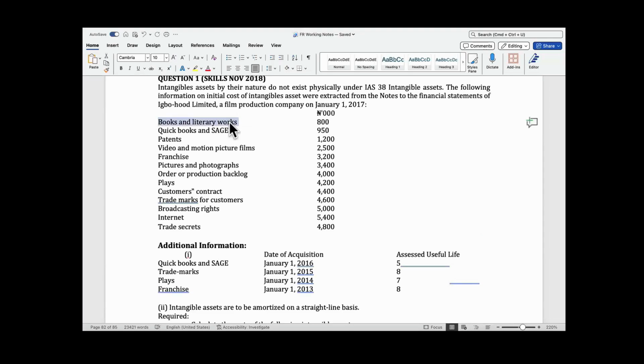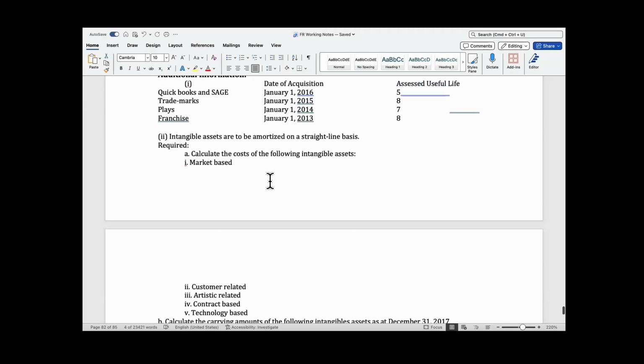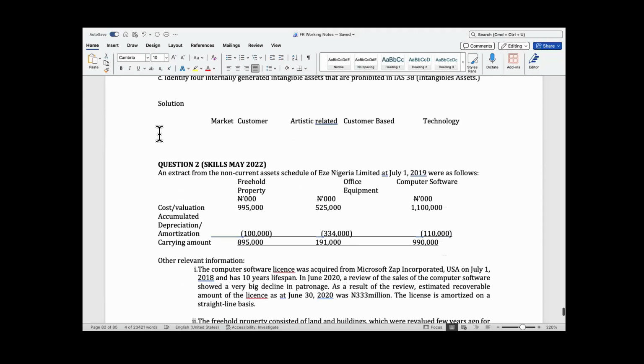So books and literary works, 800. I think the figures are in thousands. Where do you think it can be? Should it be market? Should it be customer? Or should it be technology?